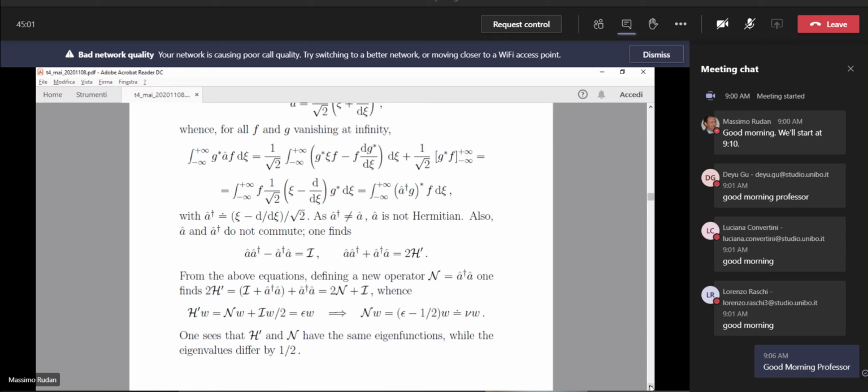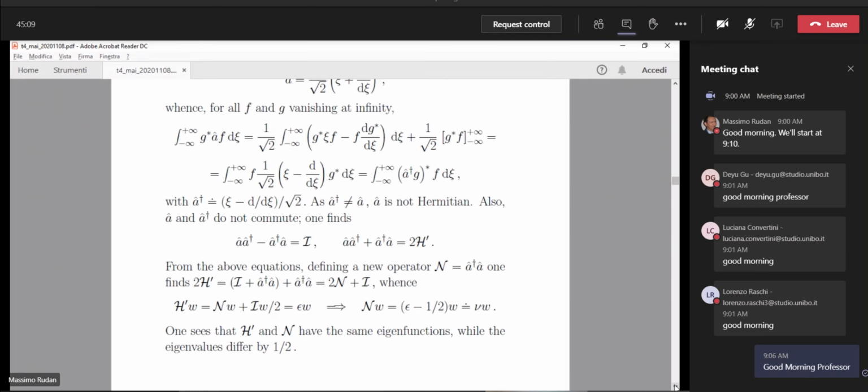Why is this result important? This result is important because at the same time, the Hamiltonian prime applied on W is the left-hand side of the original eigenvalue equation. So it must be equal to the eigenvalue epsilon times W. Okay.